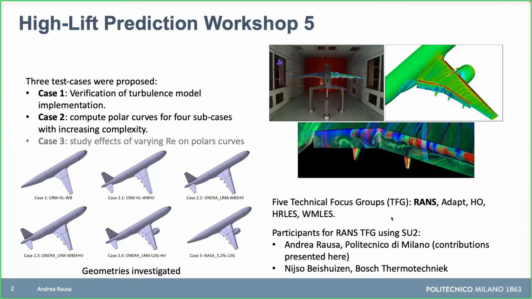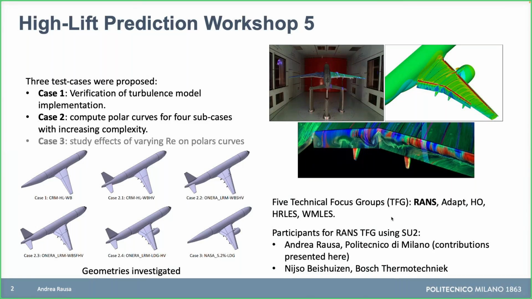For test case 2.2, we have the addition of slats. For test case 2.3, we have slats and flaps. And for test case 2.4, we have the nacelle. So you can see that the geometry increases in complexity as we go towards the higher test cases.